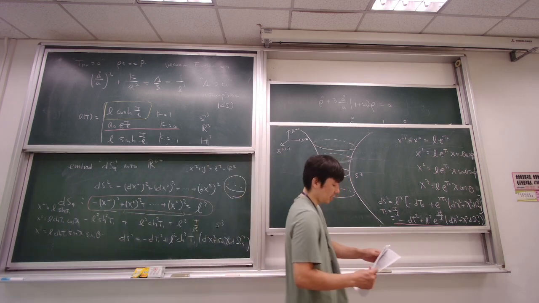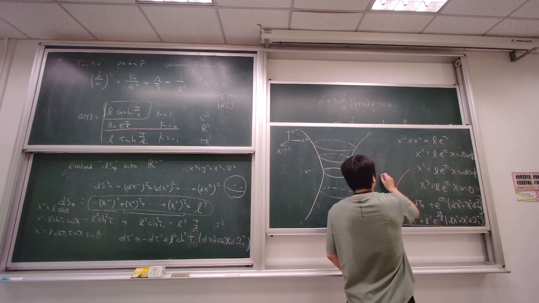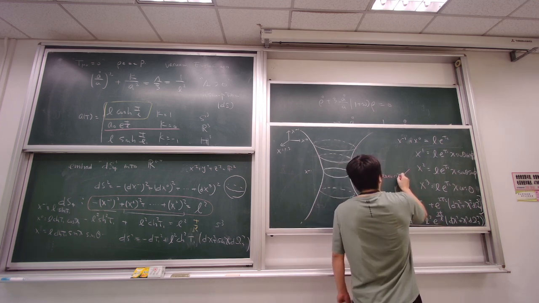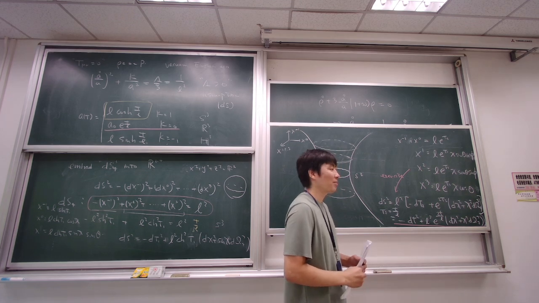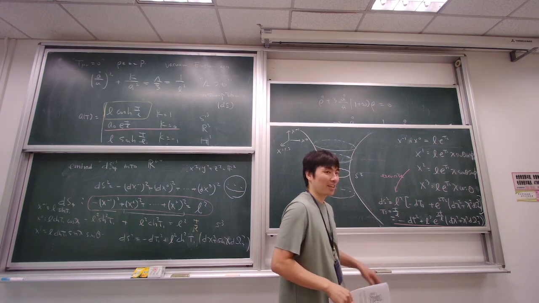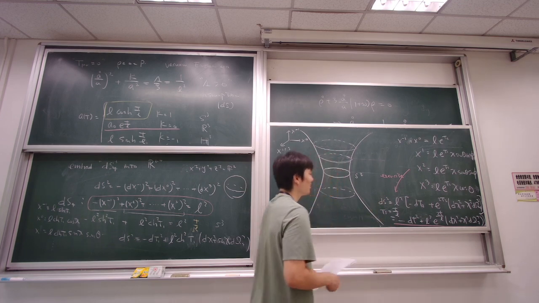Actually, going from here to here in this metric is an exercise. It's a good exercise for GR. But I'm not going to do that. By hand, it takes a lot of time to derive this one.